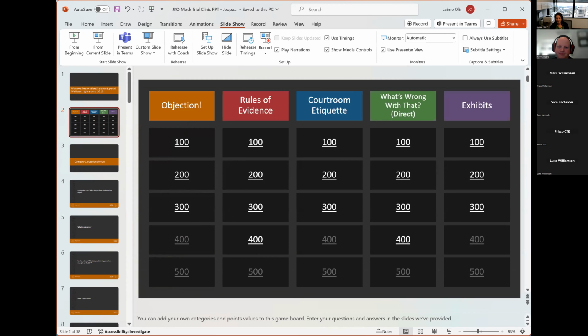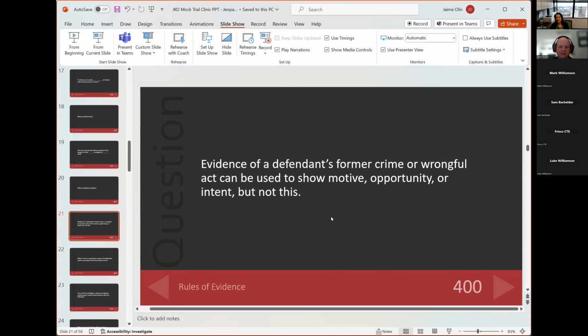All right, Sam, please pick the next clue. Let's go rules of evidence 400. Evidence of a defendant's former crime or wrongful act can be used to show motive, opportunity, or intent, but not this.